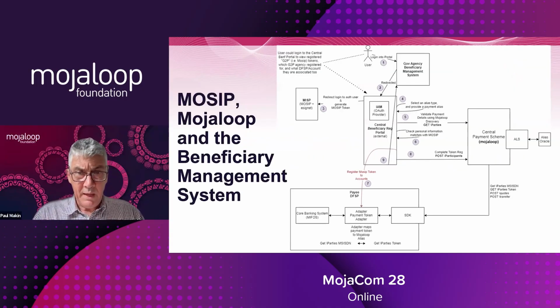But this is the ecosystem with Mojaloop on the right with the account lookup service. There's a beneficiary management system at the top. In the middle, we have MOSIP and the e-Signet, which we use to verify the MOSIP identities and to generate the MOSIP token that we use. We have a beneficiary registration portal, which creates an entry in the Oracle for each of the beneficiaries.